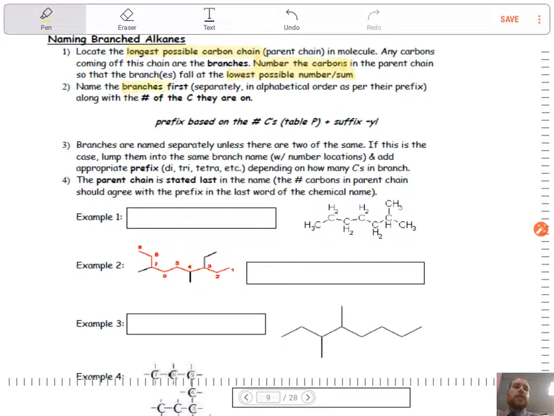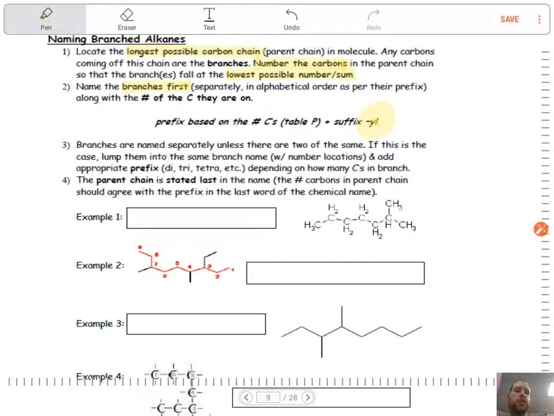Name the branches first, separately, in alphabetical order as per their prefix, along with the number of the carbon they're on. The prefix is based on the number of carbons, and for the suffix, we make it -yl. As we go through and do some practice with these 6 examples, you'll see what I mean. Branches are named separately unless there are 2 of the same.